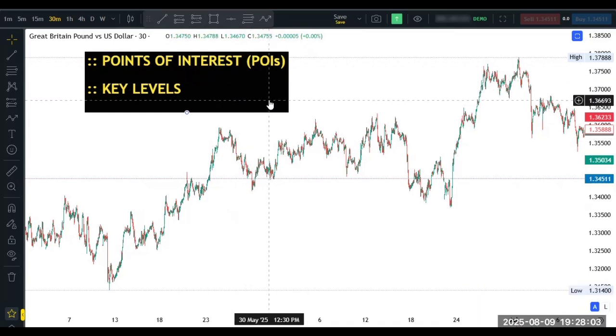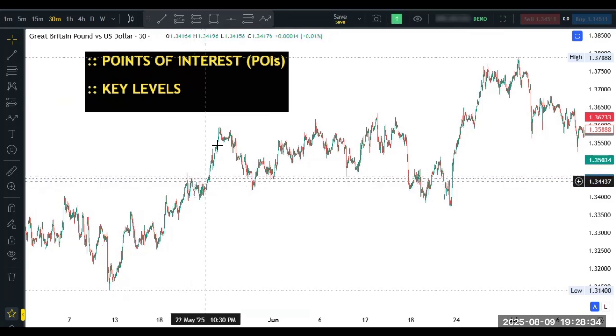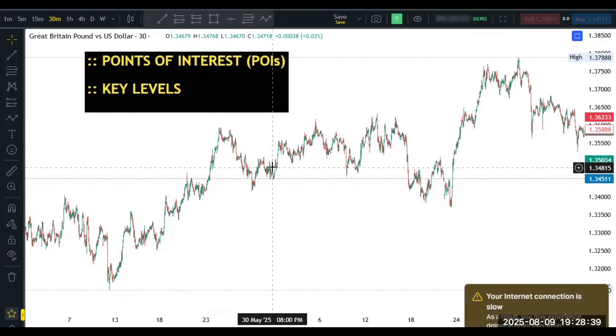So how can you identify your key levels, or your points of interest, on the chart? I am going to show you. The first thing I want to tell you is do not check for points of interest on lower time frames, such as 30 minutes, 15 minutes, or 5 minutes, because there will be a lot of noise, or should I say a lot of volatility, up and down movement of price, that will confuse you if you are not a pro trader.